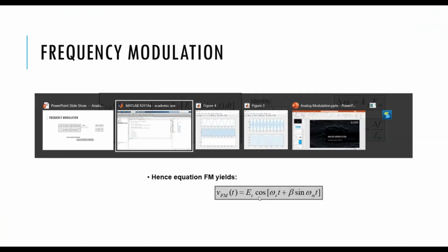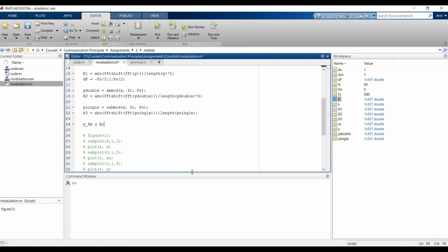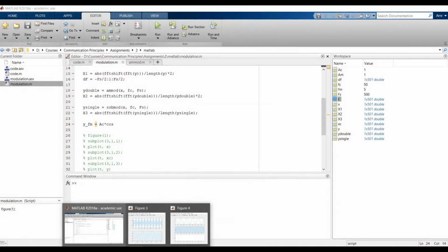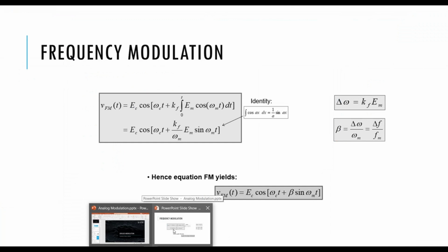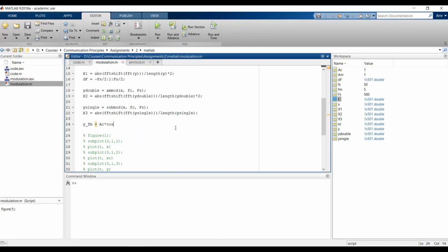We can say that AC cosine of omega CT plus beta sine omega MT. Actually, instead of writing the formula, there's a function in MATLAB that can do that, and it's called FM mod. Let's have a look at that.